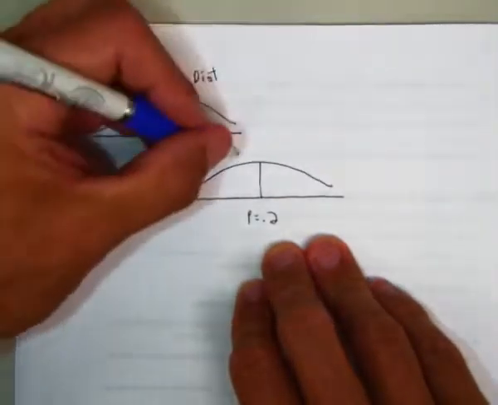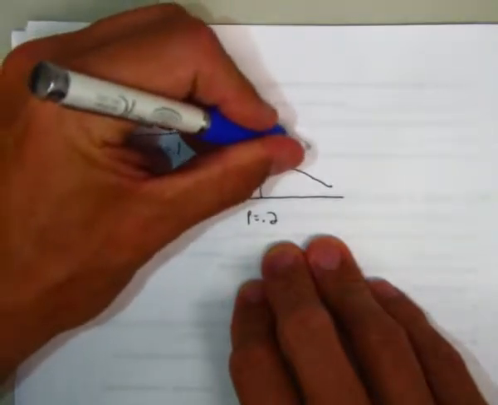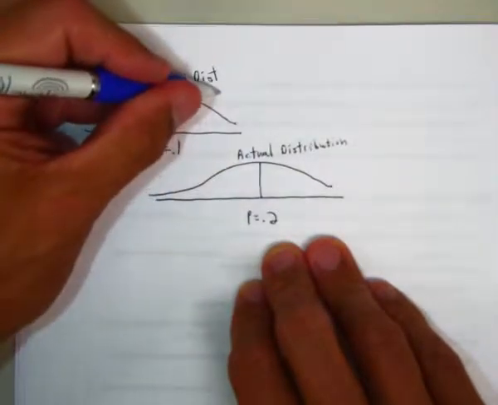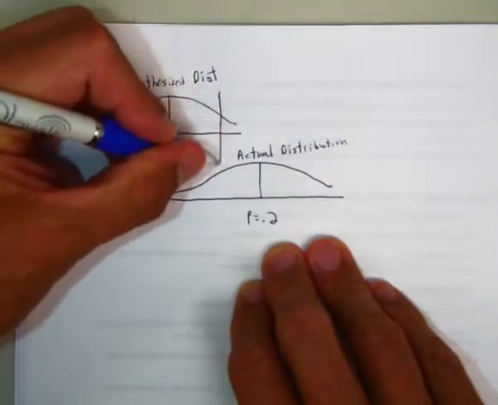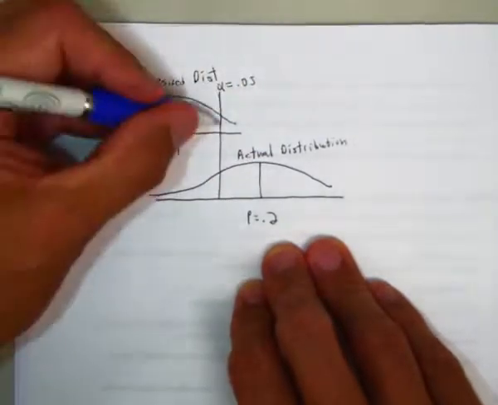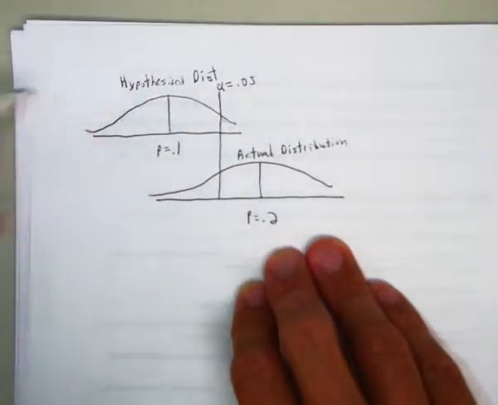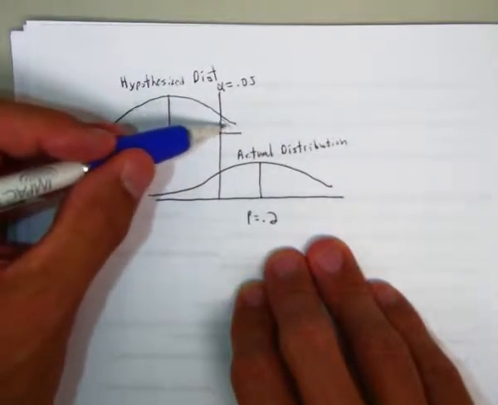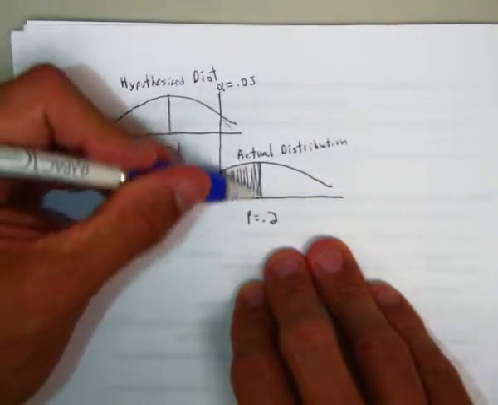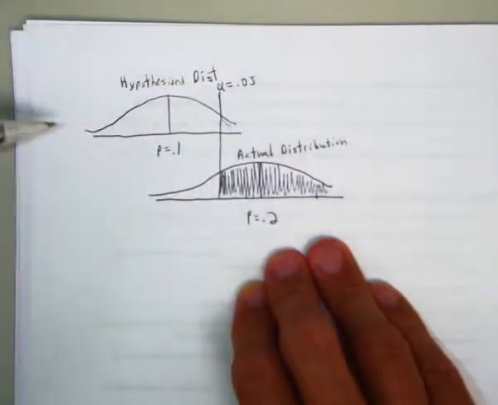So this is the actual distribution. We're going to reject anything that has an alpha level, anything over here. The true probability of us getting anything over here is this region right here, because this is the actual distribution.